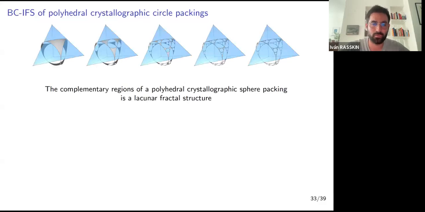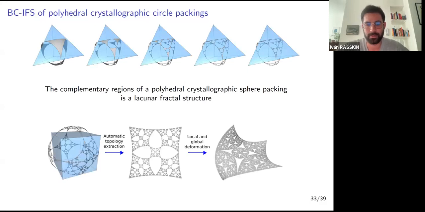The idea is that we are not going to look at the circles, we're going to look at the complement of the circles, and apply the same process as before. So we're going to reflect the spheres, which are now holes. We reflect the holes using these inversions, and that gives us a lacunar fractal structure. And we're going to try to define this BCIFS model for these objects.